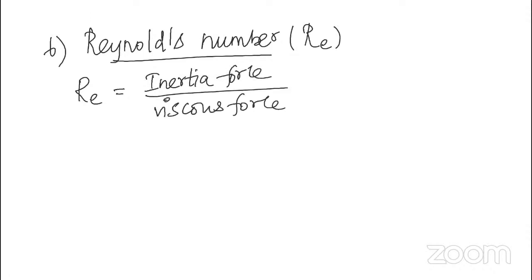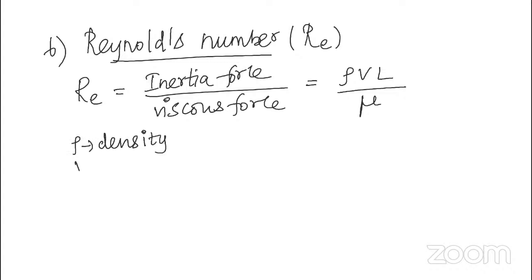Simply we are writing rho into v into L divided by mu. Here rho is nothing but density, v is velocity, and L is length.